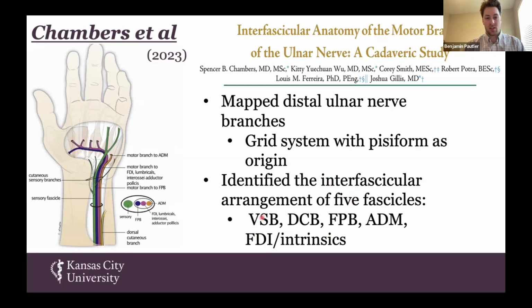Those were the volar sensory branch, indicated here in green, the dorsal cutaneous branch, this more proximal branch that branches off first, as well as the flexor pollicis brevis, abductor digiti minimi, and one combined fascicle containing all of the interosseous muscles, as well as the lumbricals and adductor pollicis.